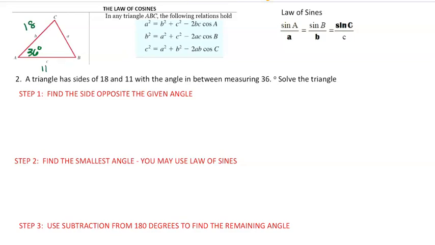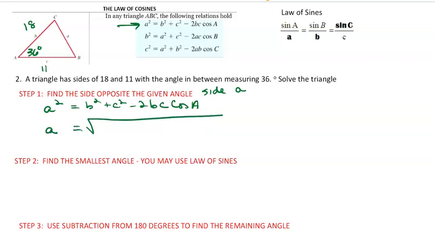I'm going to first find the side opposite the given angle. So that's going to be find side A. I'm going to use this formula. I know that formula is A squared equals B squared plus C squared minus 2BC cosine A. Since I want A and not A squared, before I even touch the calculator, I'm going to do a square root symbol.